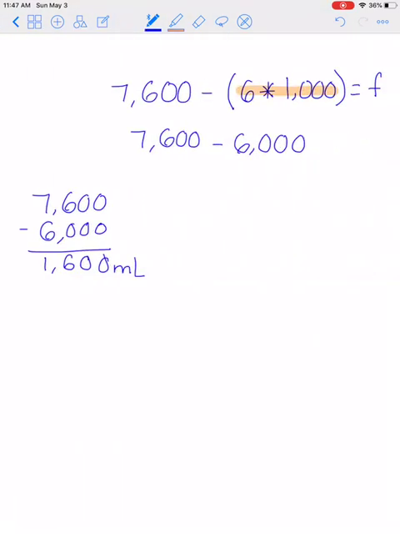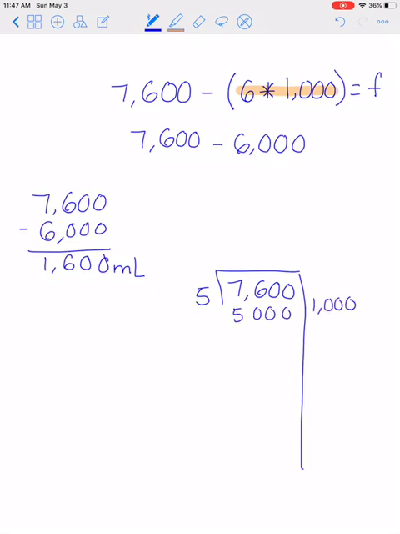Okay, so let's do that math over here. 7,600 divided by 5. Well, I know that 5 times 1,000 will give me 5,000. And I'm left with 2,600.